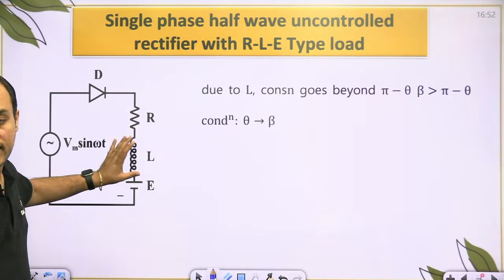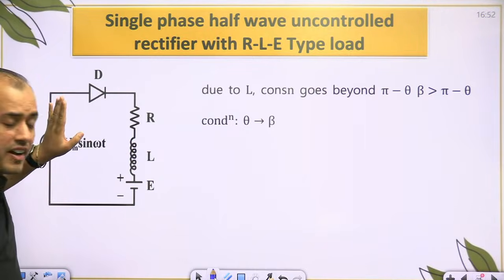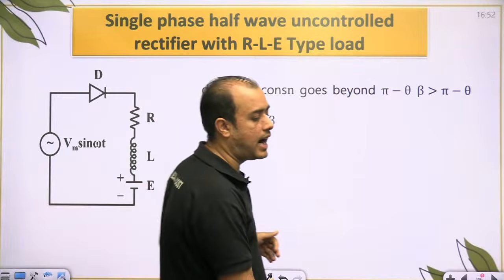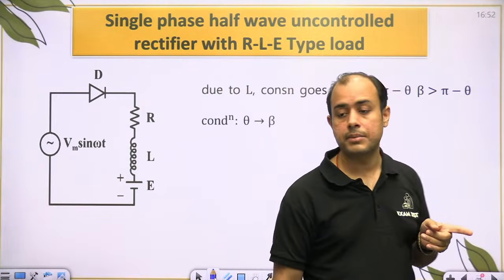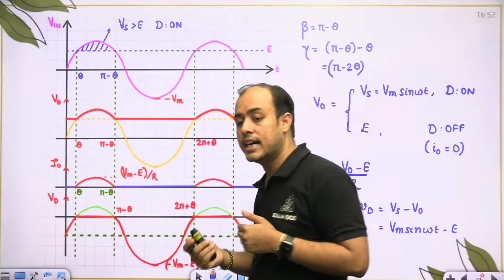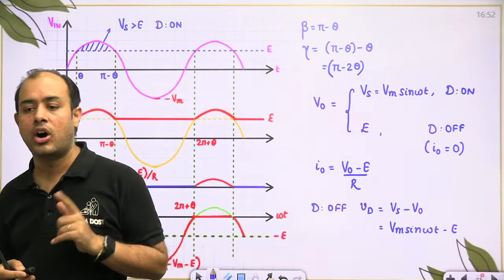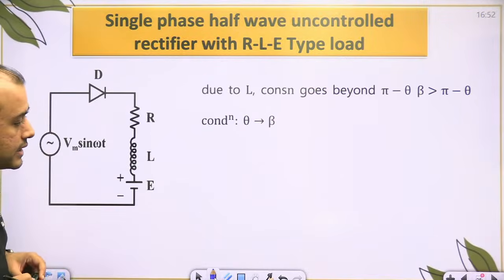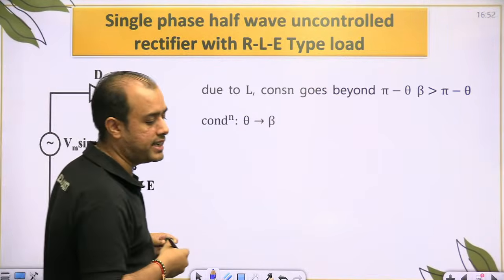Now again, if you observe, you have added an inductor in a RE load. So earlier my beta was pi minus theta. Now conduction will extend beyond pi minus theta. इंडक्टर आता है तो कंडक्शन को लंबा खींचता है.